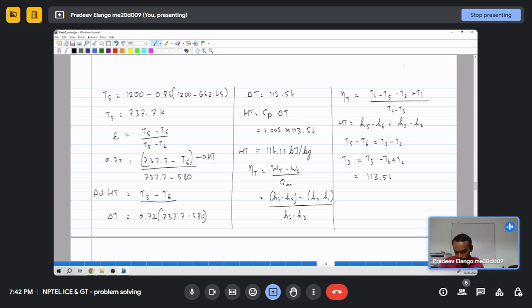I think T5 we will need anyway, I think it's better we find T5. Oh, sorry, T5 is not... Okay, fine. So plus T2. T2 is 580, right? T2 is 580.